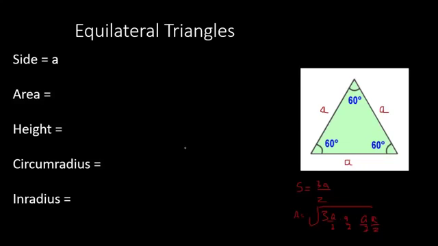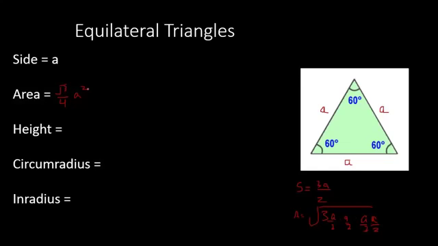Again, the area of an equilateral triangle would be root 3 by 4 a square. So if you know the side of an equilateral triangle, you can very well calculate the area of the equilateral triangle. And how did we come to know that? We just used Heron's formula, and instead of ABC we put AAA.